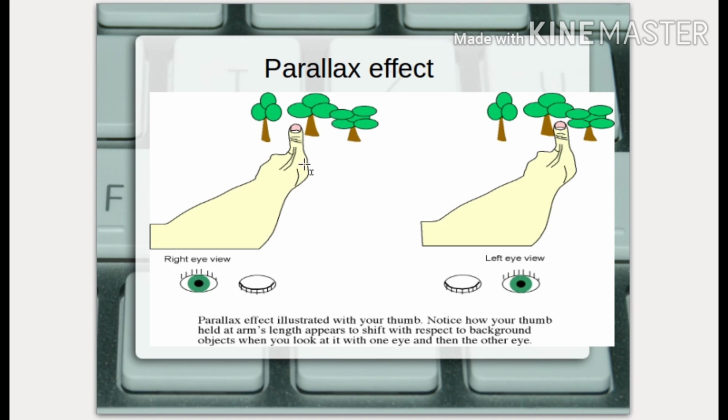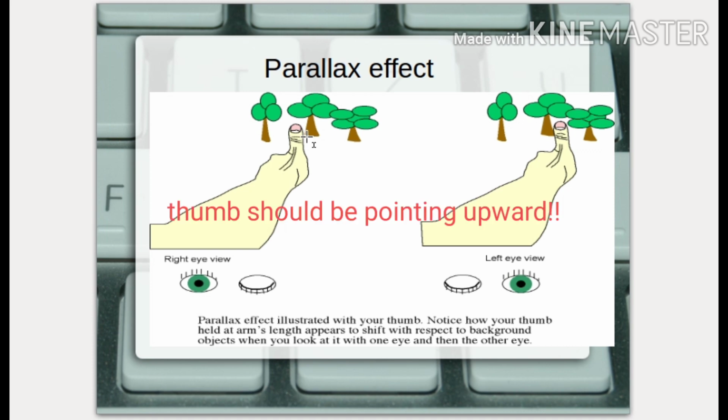You can see here, stretch your hand such that your thumb is pointing upward. Now target any picture hanging on the wall in front of you. Understanding? Now close your right eye and watch the picture through the thumb.